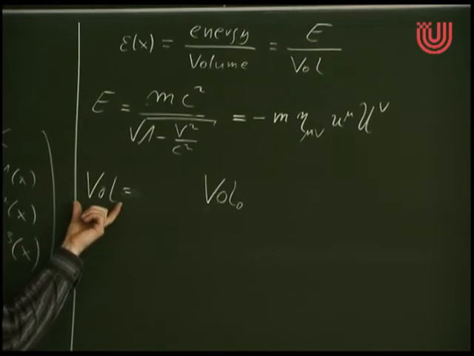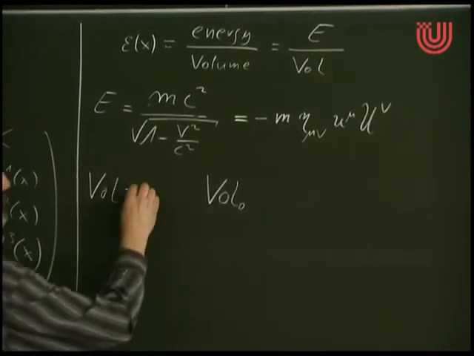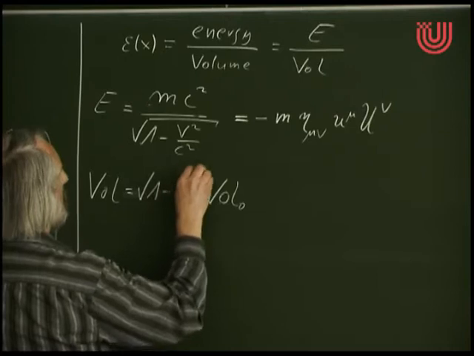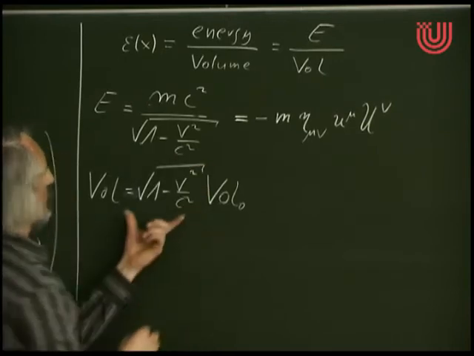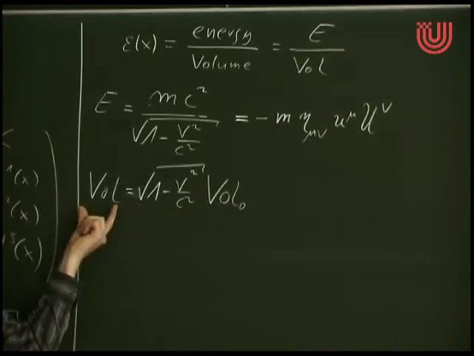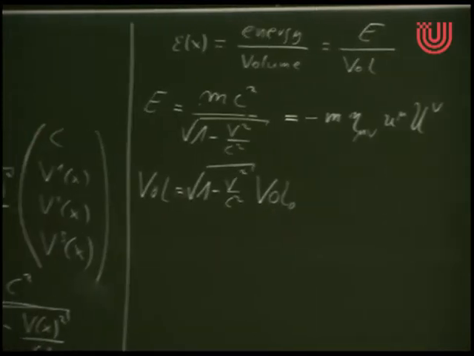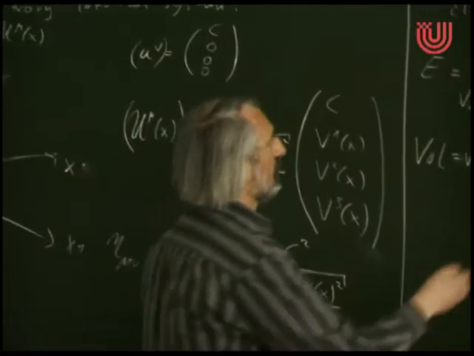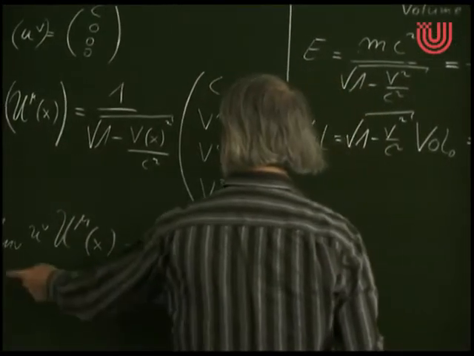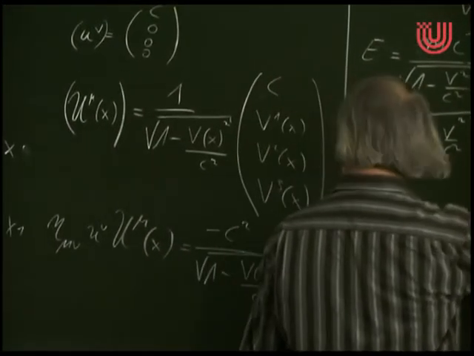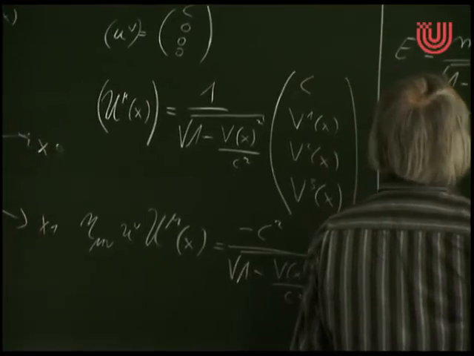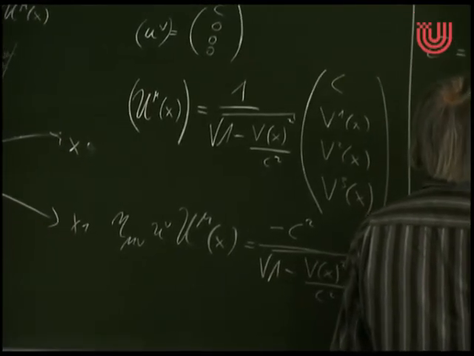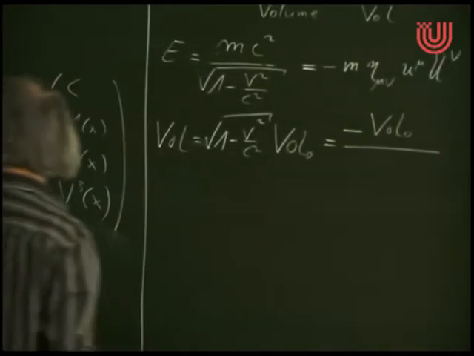So this is small, so it should be in the numerator, right? This is smaller than 1. So this is smaller than this. So I think that's the correct version. And again, I get this square root. So I can express it by this term here. So I get a minus sign. I get the volume element in the rest system.